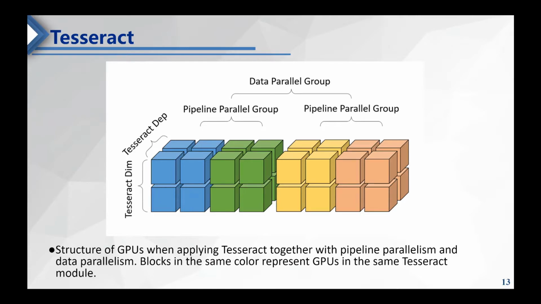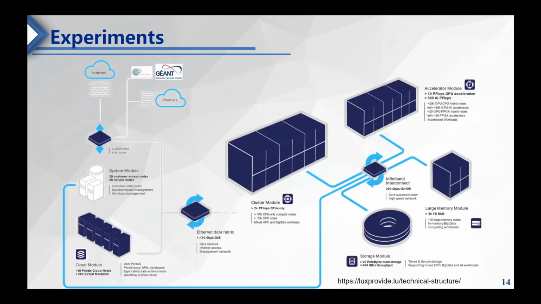The total number of GPUs involved will be 32, equal to data parallel size times pipeline parallel size times depth times the square of dimension, where Tesseract depth times the square of Tesseract dimension is Tesseract size. So in this picture, blocks of the same color represent GPUs in the same Tesseract module.